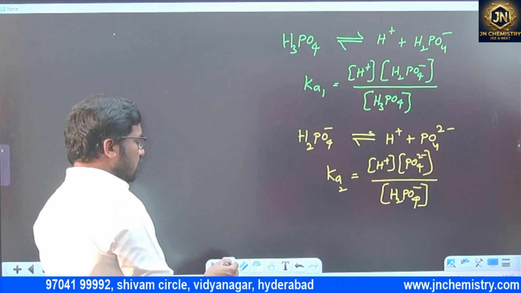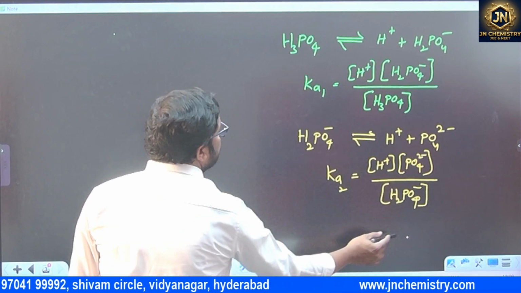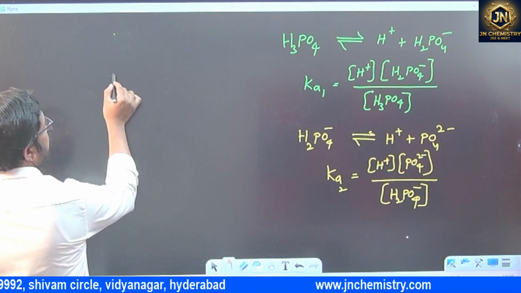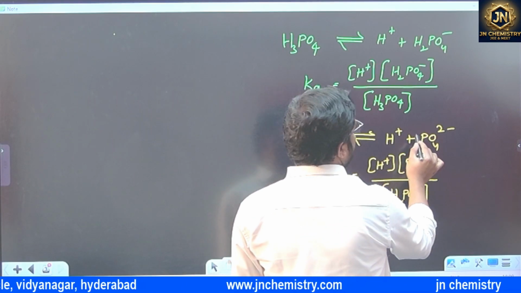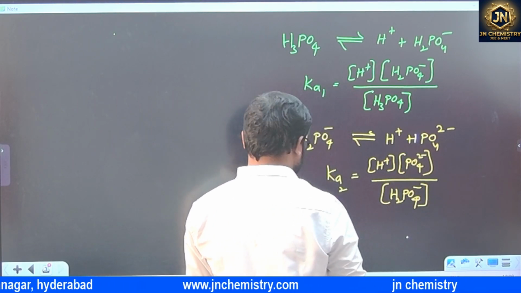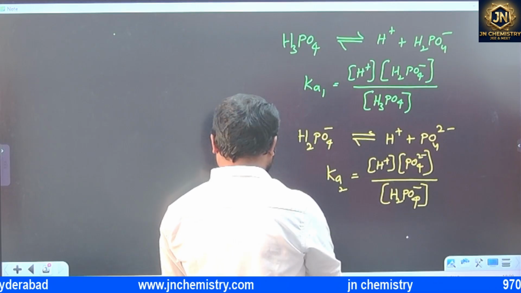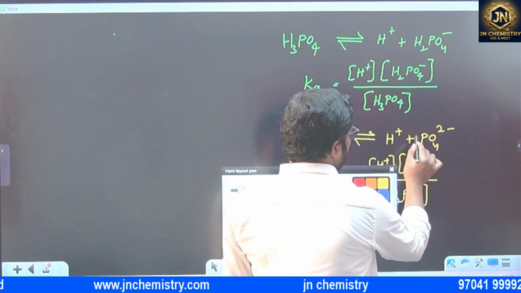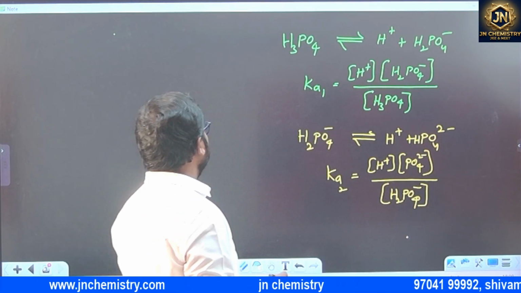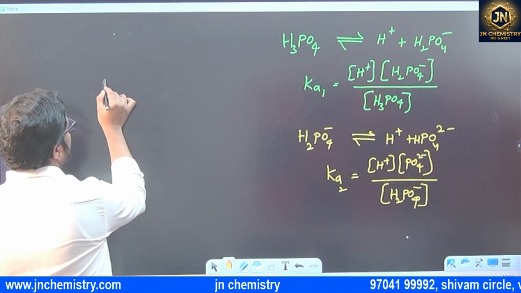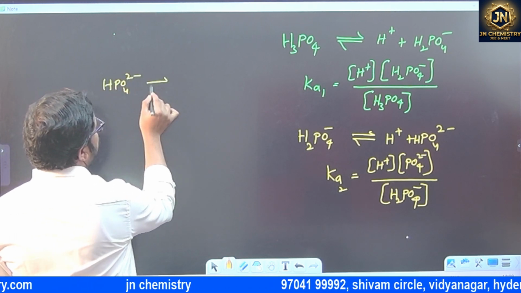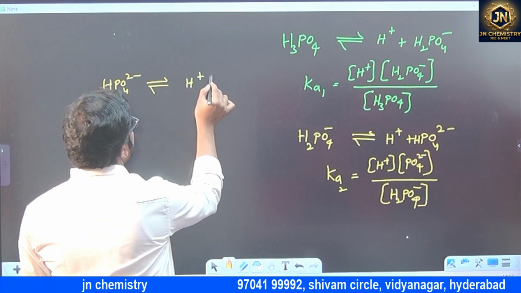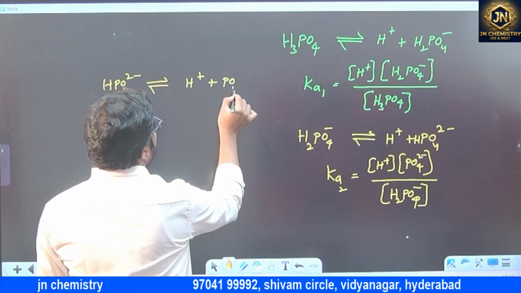And one more also we can write. What is that? Ka3. HPO4 2 minus gives rise to H plus plus PO4 3 minus.